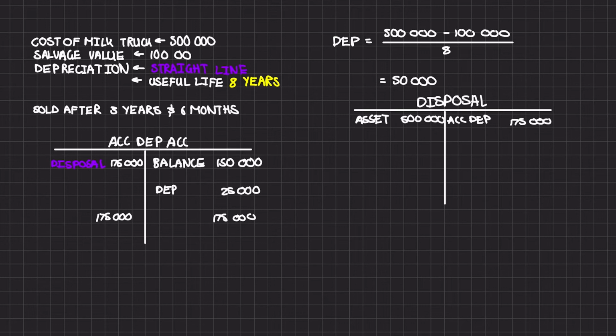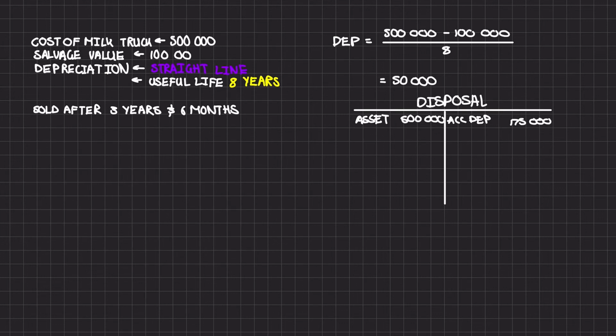Now, as I said, we wanted to sell this asset. And so part of the story is that we sold it for, let's say, 300,000. Okay. Now, we want to know, did we make a profit or a loss on this asset? So if we looked at our cash account, all right, cash, we would have received 300,000.